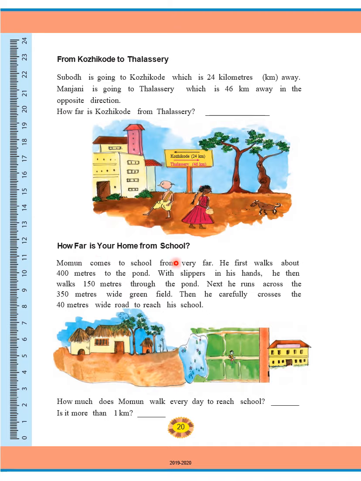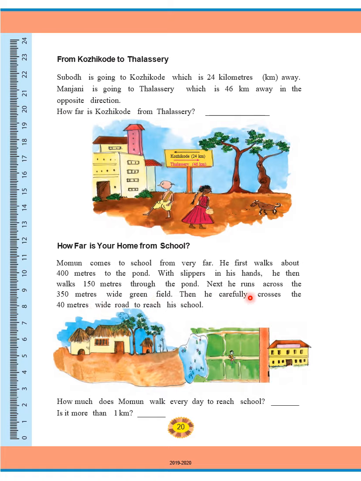How far is your home from school? Momun comes to school from very far. He first walks about 400 meters to the pond. Okay, so these are the directions given here. With slippers in his hands, he then walks 150 meters through the pond.